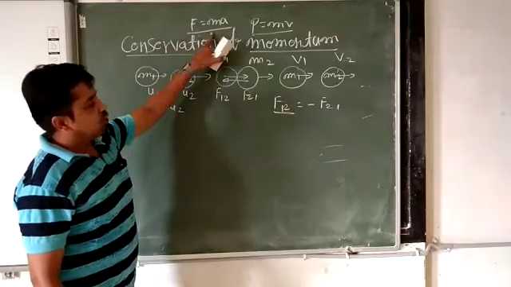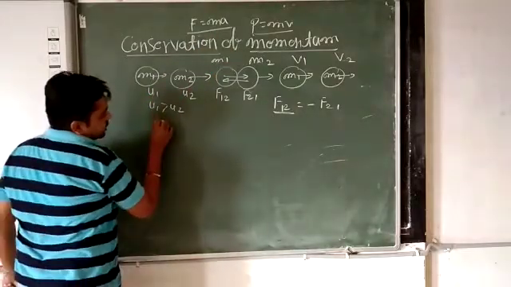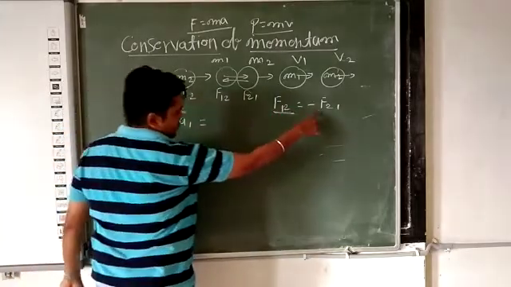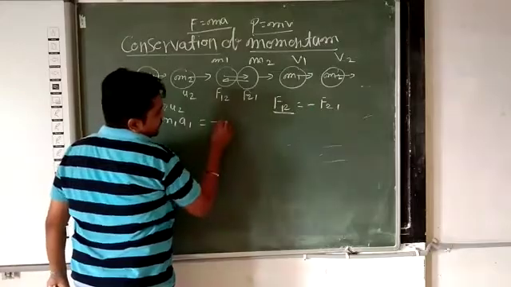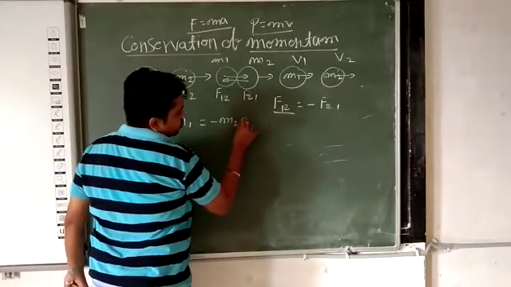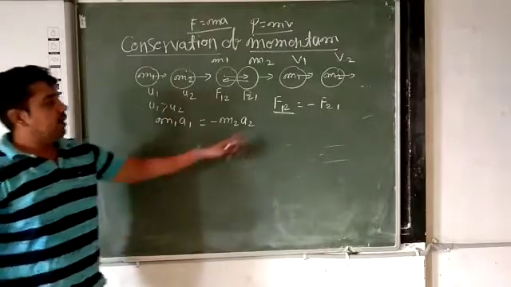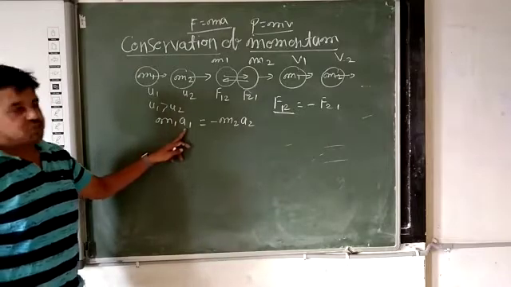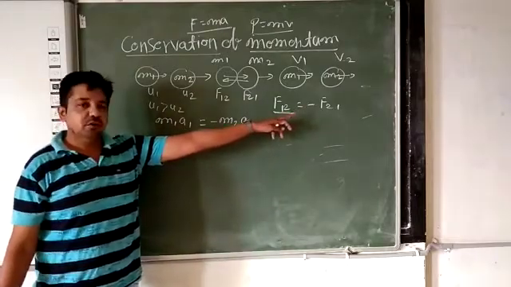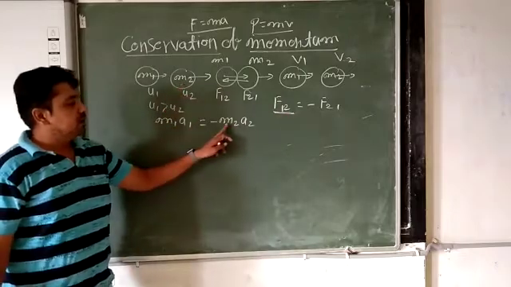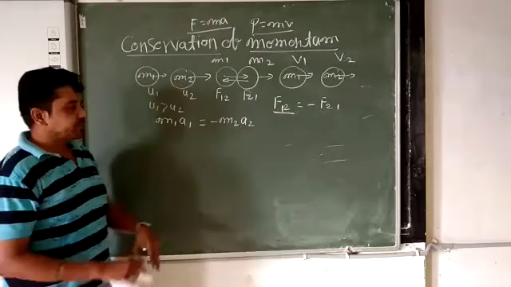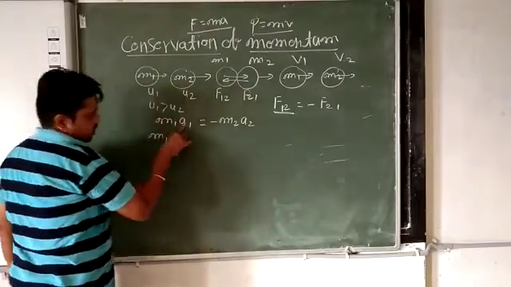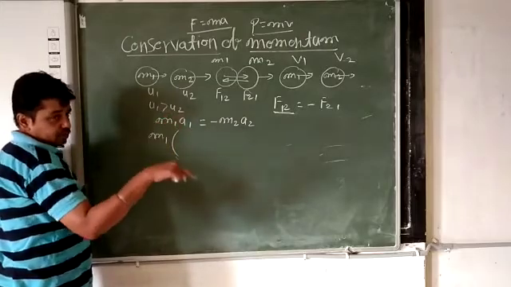With the help of this formula, F12 is m1 a1, and this is equal to minus F21, which is m2 a2. F12 is the force exerted by the m1 mass object multiplied by its acceleration, and F21 is the force exerted by the m2 mass object multiplied by its acceleration. Now we calculate the accelerations. In m1 a1, what is the value of a1? Use the formula v minus u upon t.